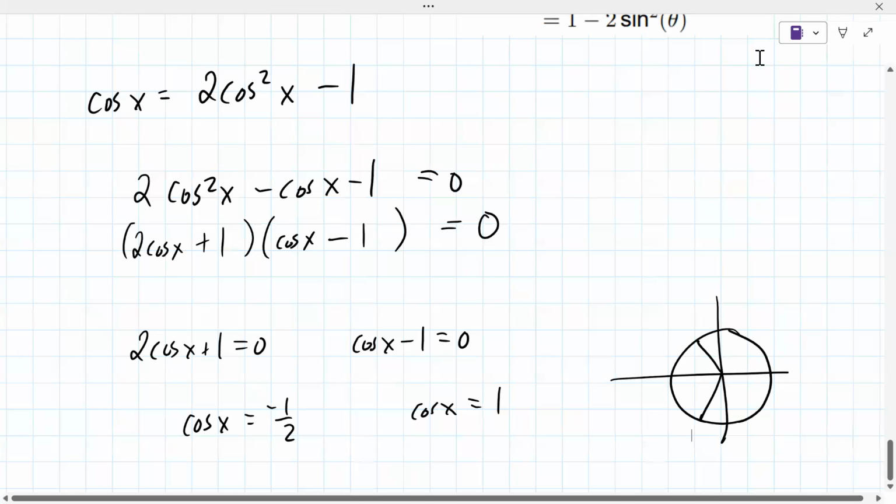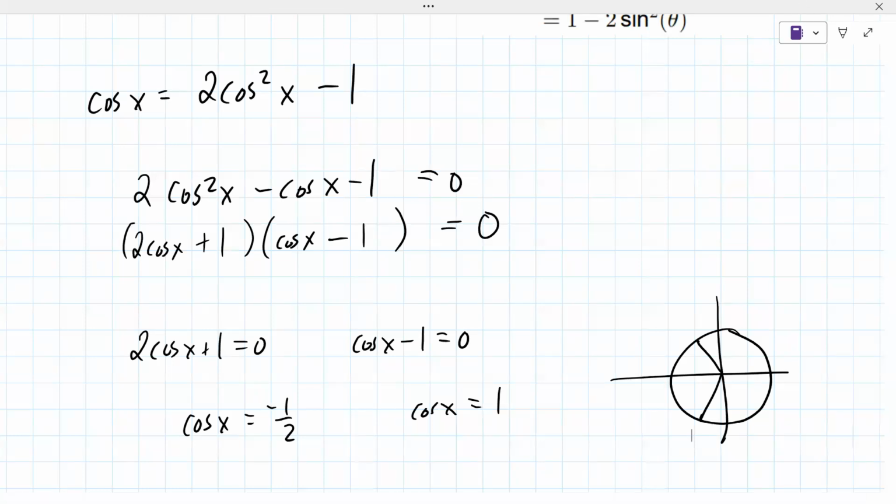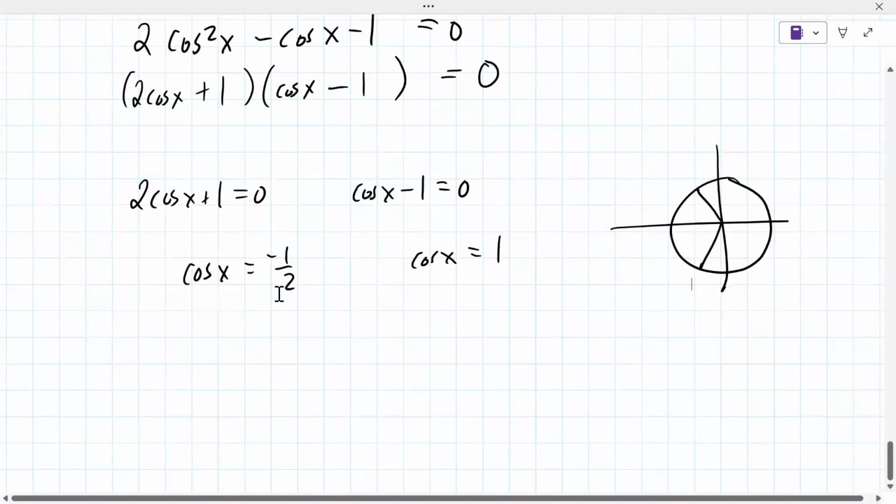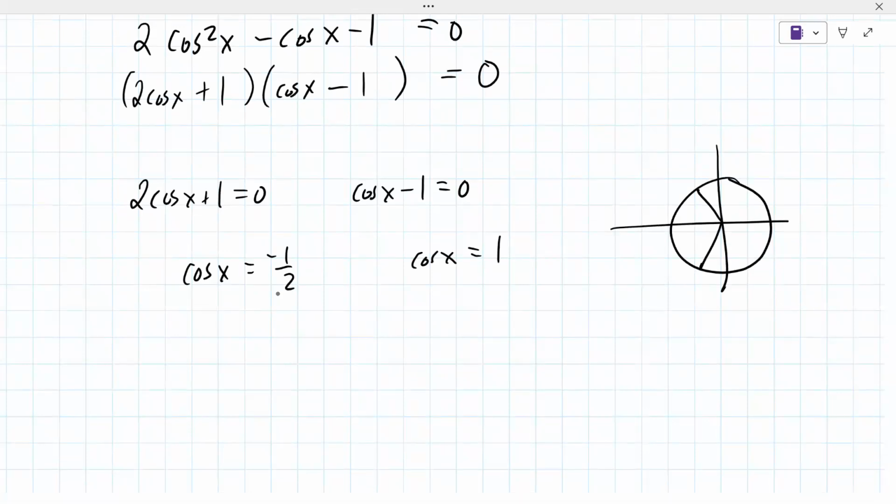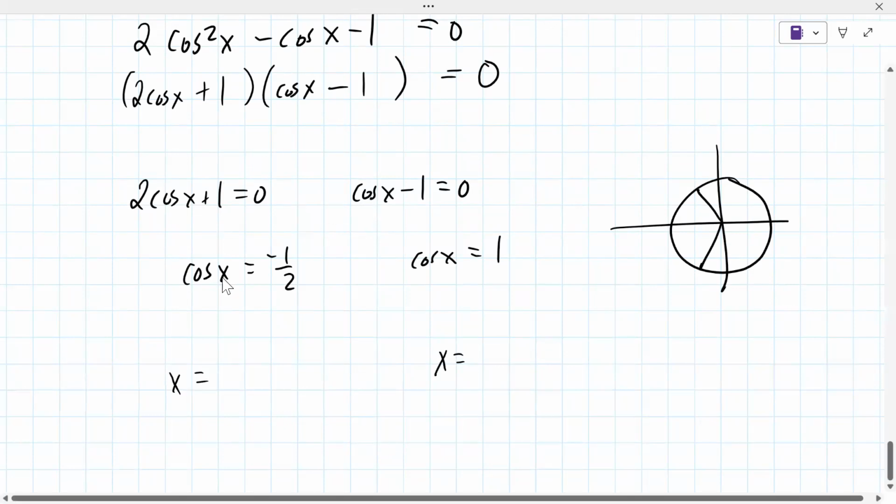Okay. And then I would write the answer as, well, all the possible ones. So just whatever you got here. So the answer would be: for what angle is the cosine of that angle minus 1/2? And for what angle is the cosine of that angle equal to 1? Oh, okay.